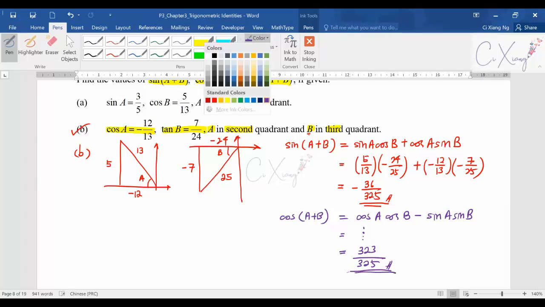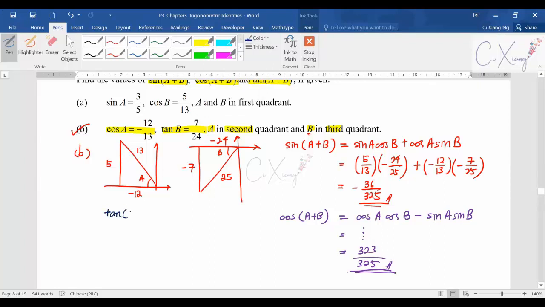Then the last one, they want you to calculate tangent A plus B. If you want to apply the formula for tangent A plus B, it will look a bit complicated, which is tangent A plus tangent B divided by 1 minus tangent A tangent B. Got fractions. You can use this way if you want.